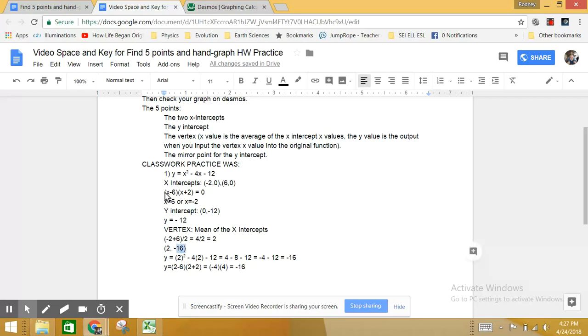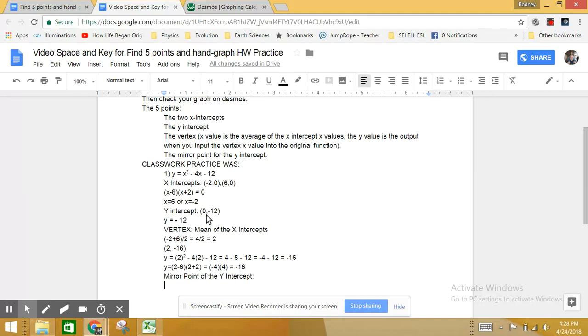So now our vertex is going to help us figure out our mirror point. Our mirror point is a mirror of the y-intercept. The mirror point is going to be on the opposite side of the axis of symmetry. So it's basically on the opposite side from the y-intercept, which is at (0, negative 12), on the opposite side of a vertical line where x is 2.